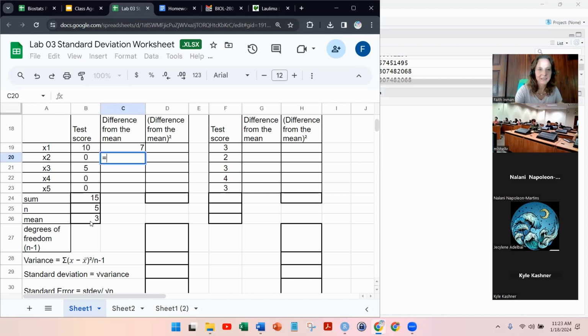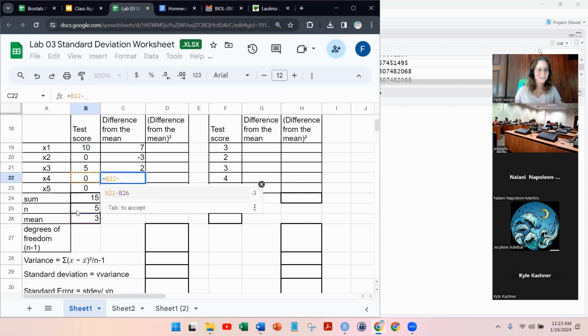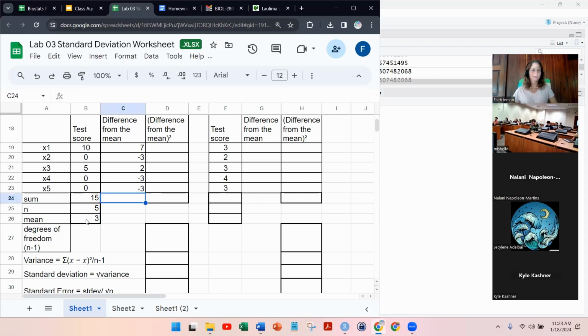Then we have again equals test score minus the mean, equals test score minus the mean, equals test score minus the mean, and again equals test score minus the mean, which is almost like too obvious.